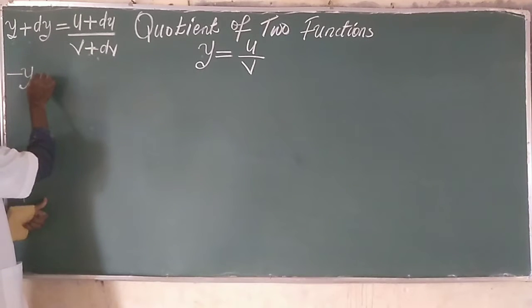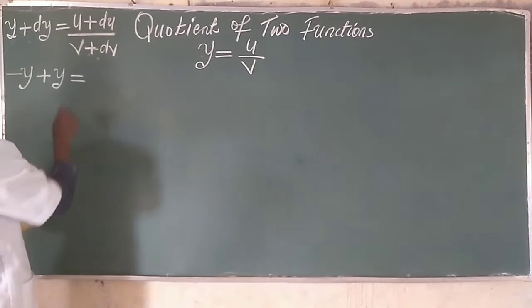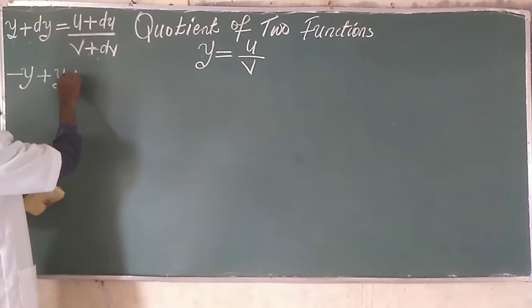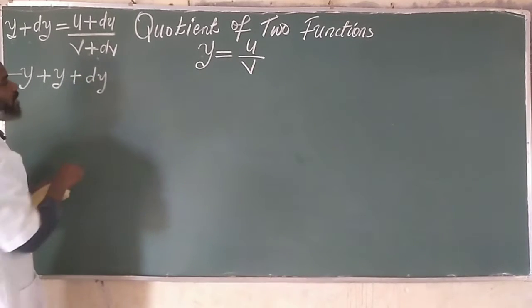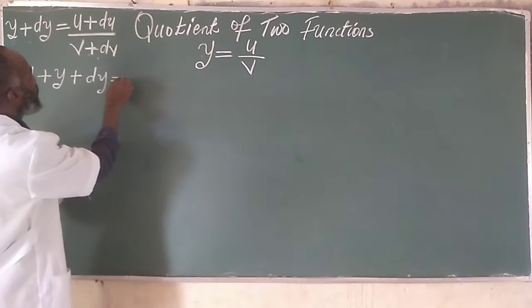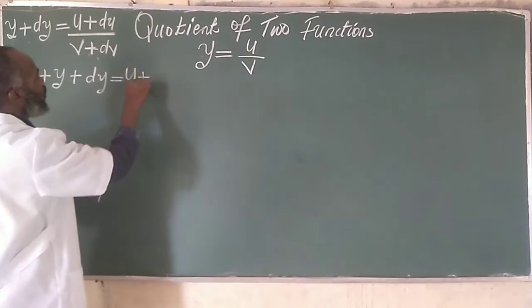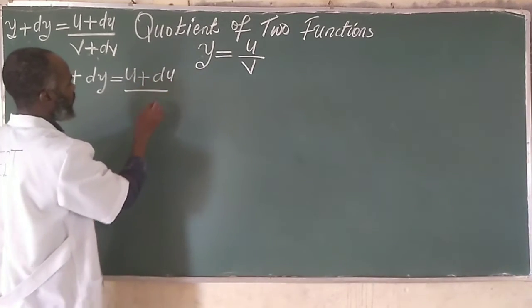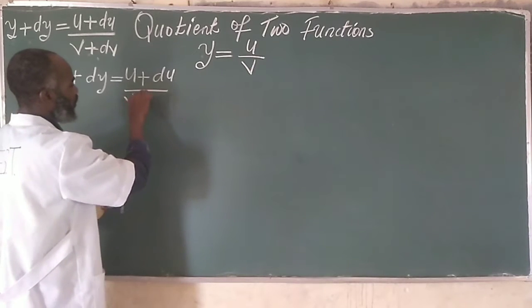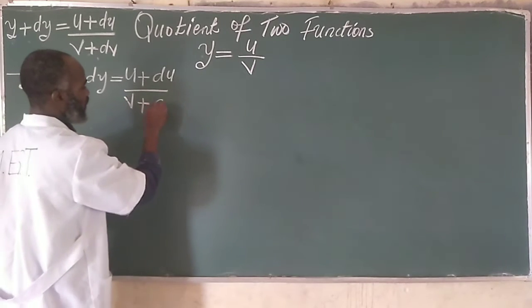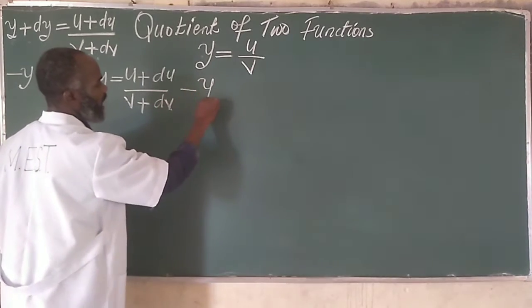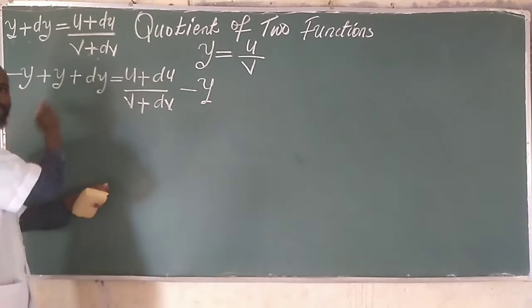Minus y plus y, and then plus dy is equal to u plus du, all over v plus dv, minus y, because we are introducing minus y both sides.